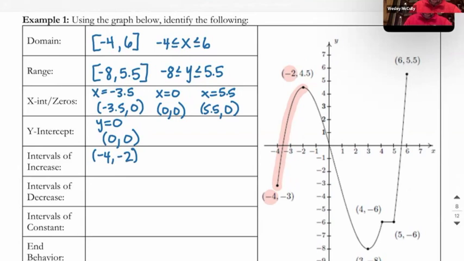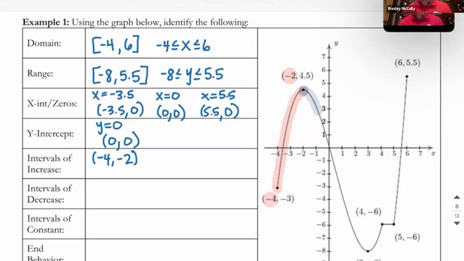Okay, now I'm going to look at the next interval. Again, I'm at this point right here, (-2, 4.5), but I can see that it changes direction, and as I'm continuing to the right, this curve decreases until I get to that point at (3, -8). It is now decreasing along that part of the curve. So my interval of decreasing is, again, the x values.